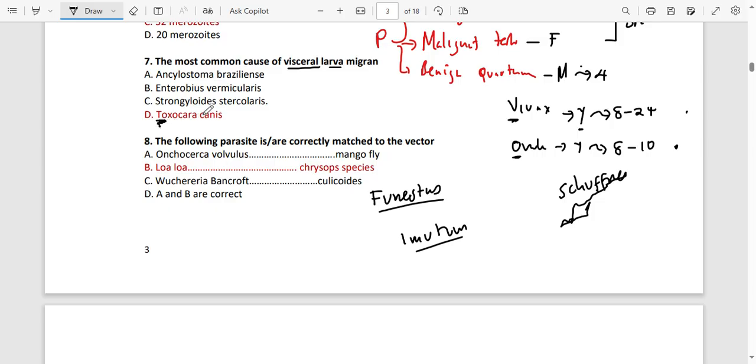Toxocara canis is, I think, the only one that I've seen that causes visceral. Because the majority of these other guys, like Loa loa, are going to be causing cutaneous. And the Ancylostoma guys are basically other worms that are causing other infections.